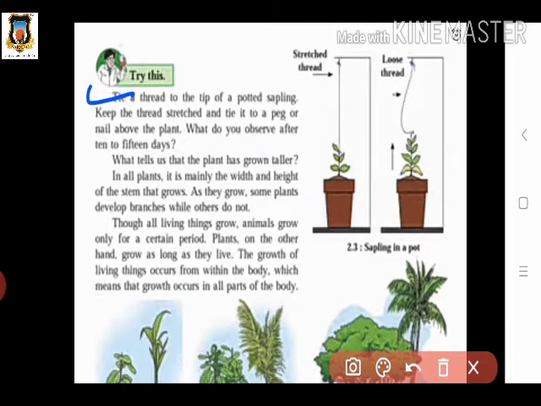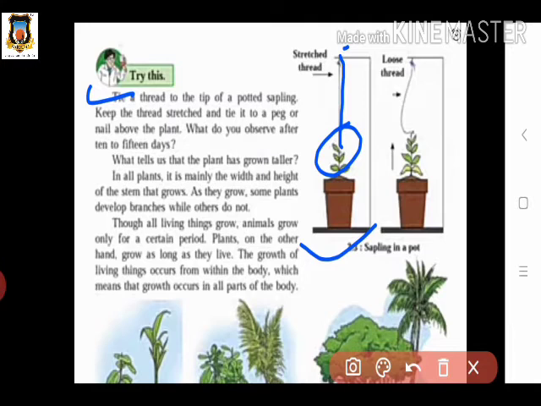The other end of this thread is tied to a peg or a nail above the plant, as in this image. Then stretch this thread and tie it on the nail. In this way you keep the arrangement of this plant.